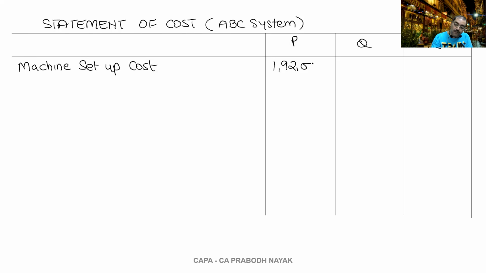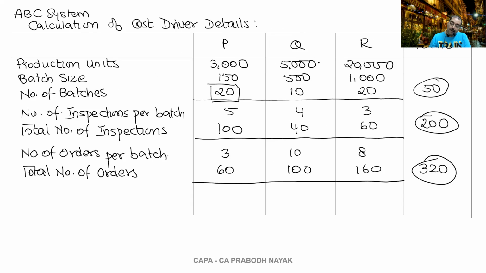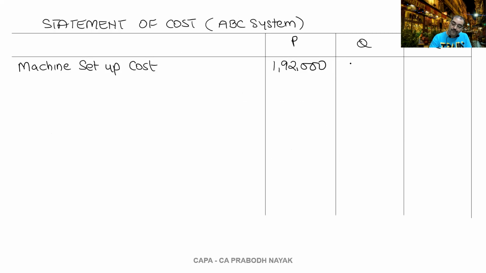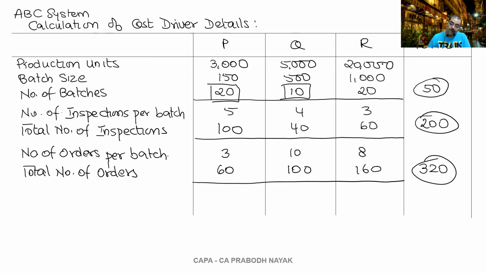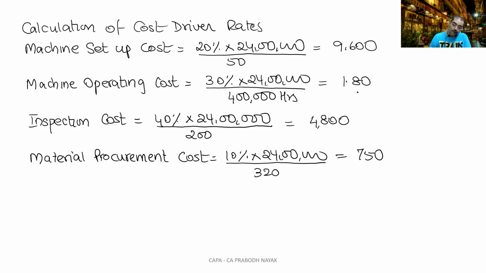Cost driver rate into the cost driver quantity. 9,600 into 10, 96,000. And last one, 9,600 again into 20, so 1,92,000.